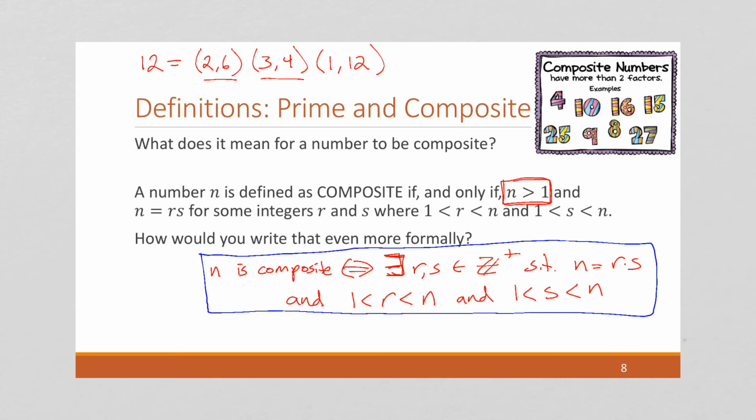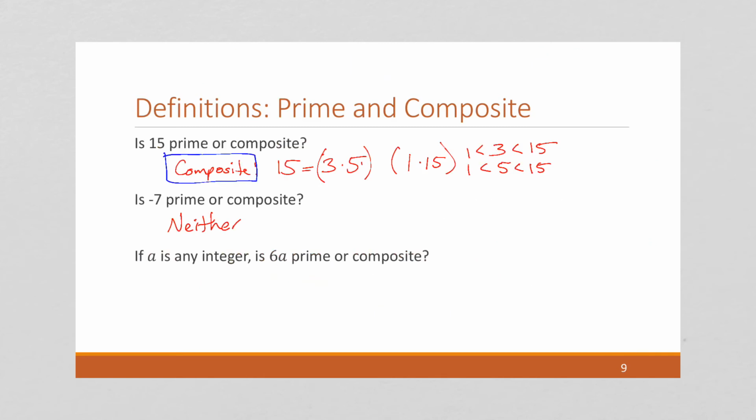So all prime and composite numbers have to be greater than 1. So -7 is less than 1, so it's neither. Now, if it were +7, +7 would be prime because the only factors would be 1 and 7.